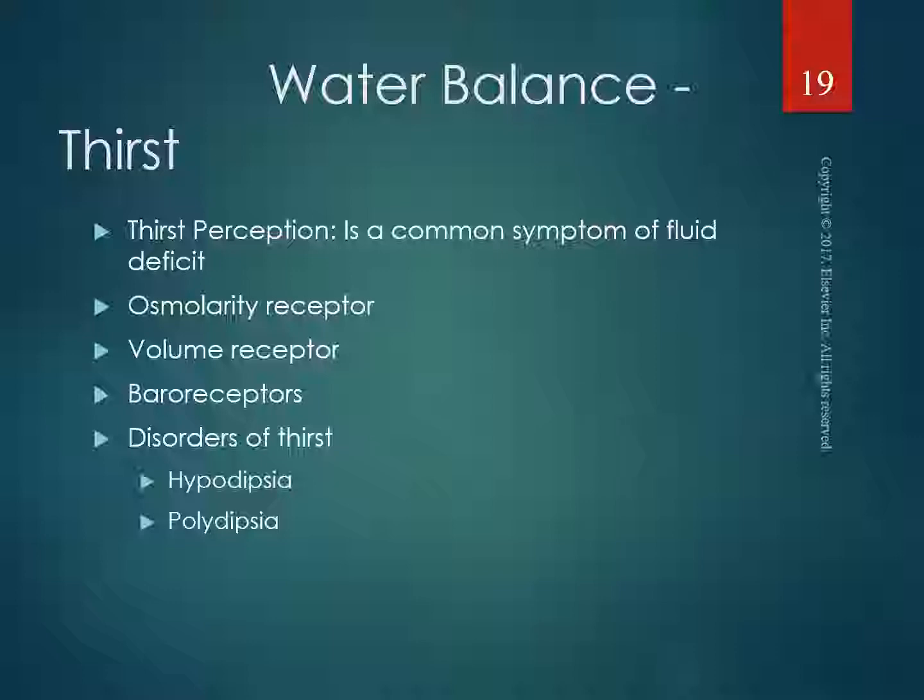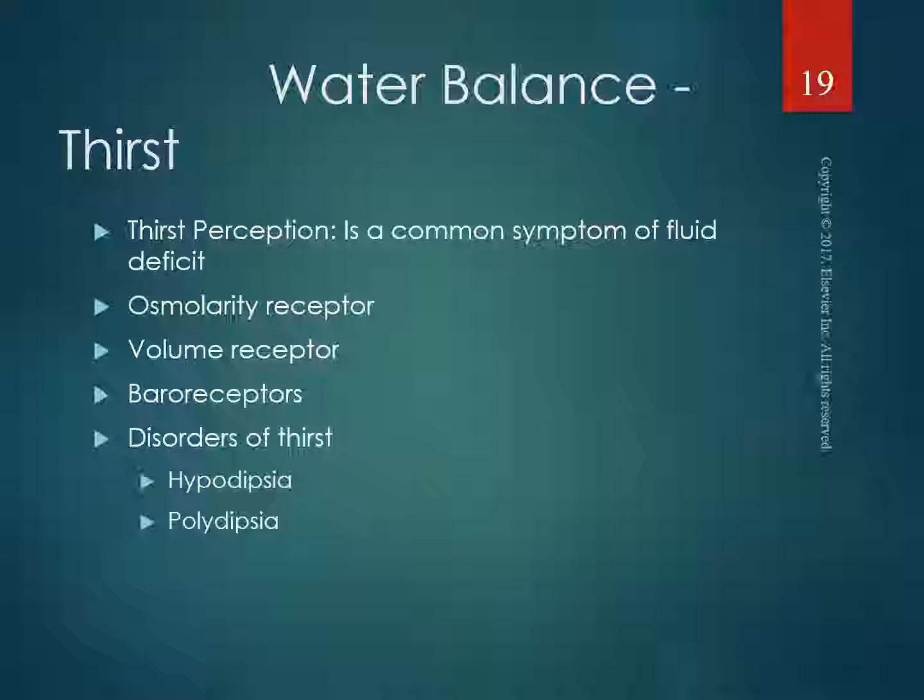So then our volume receptors, although there is an isotonic loss of fluid from the vascular compartment, blood components such as red blood cells and urea become more concentrated. Our baroreceptors, arterial and venous volumes decline during periods of fluid deficit, as does filling of the capillary circulation.